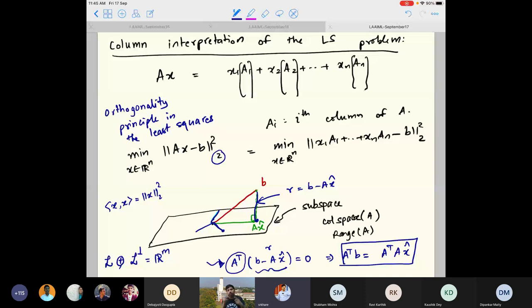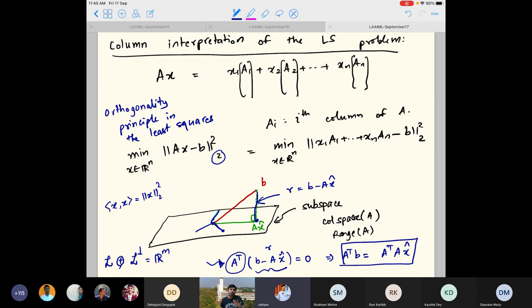With these two things you show that x hat is a unique vector, and so on. There is a very beautiful geometrical theory, and you can write down the proofs very nicely, but I'm not going to go into those details. This much geometrical understanding, I think, is enough.